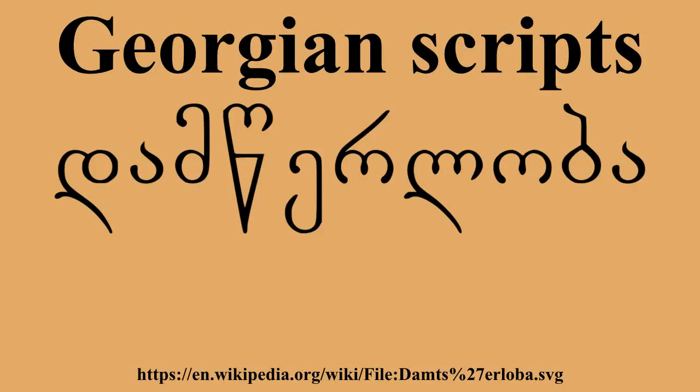Nuskhuri first appeared in the 9th century as a graphic variant of Asomtavruli. The oldest inscription is found in the Atenis Sioni church and dates to 835 AD. The oldest surviving Nuskhuri manuscripts date to 864 AD. Nuskhuri becomes dominant over Asomtavruli from the 10th century.